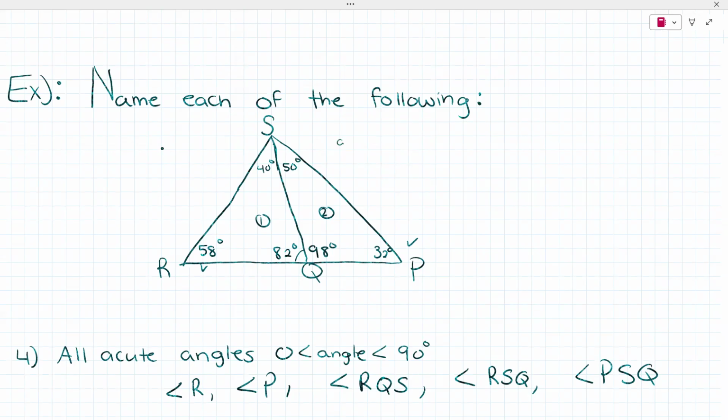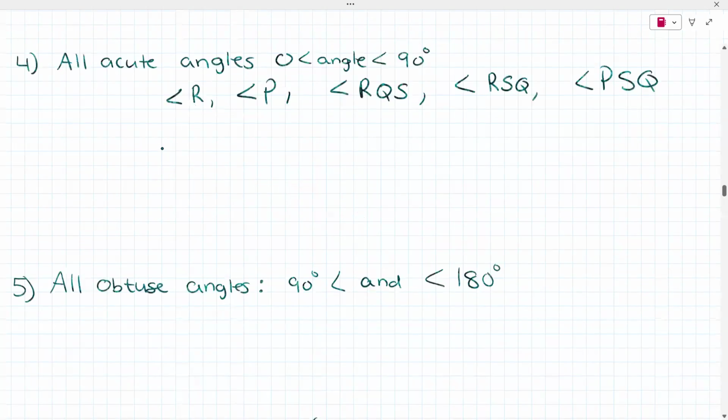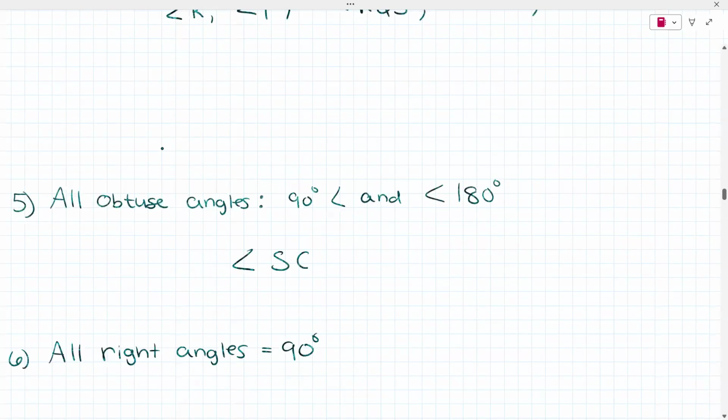Oh no, that's 90. Oh, I see one. This 98. That is greater than 90 but less than 180. So we can't just say Q, it's going to be SQP.